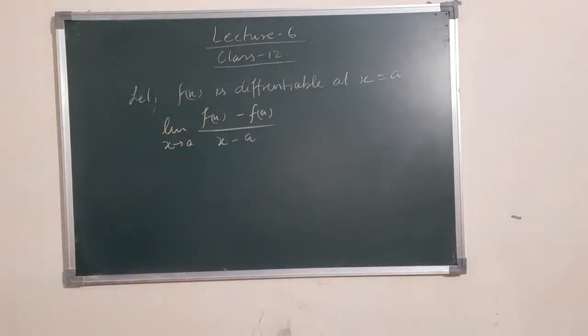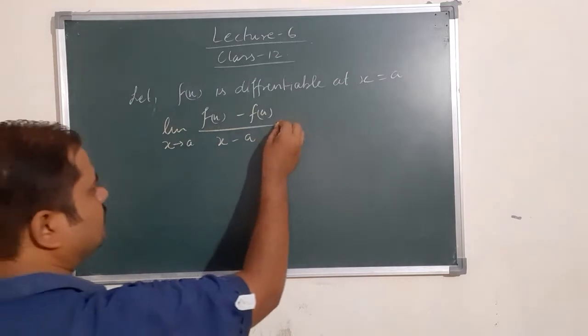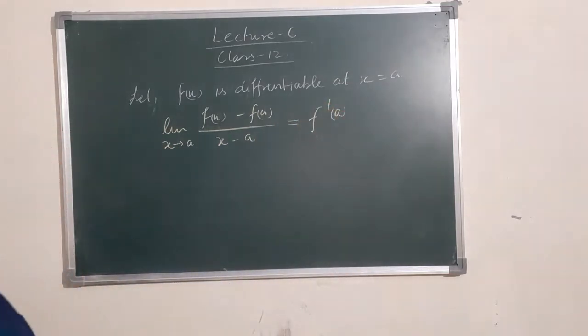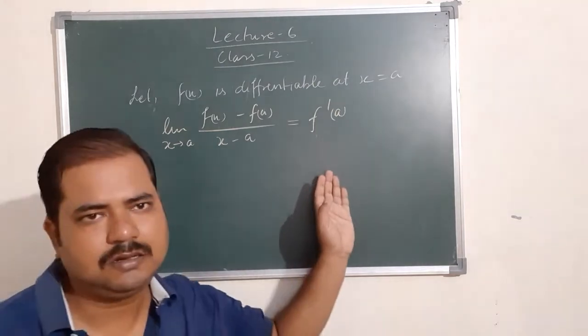If f(x) is differentiable at x is equal to a, then this is nothing but f dash a. This is the differentiability of the function at point a.